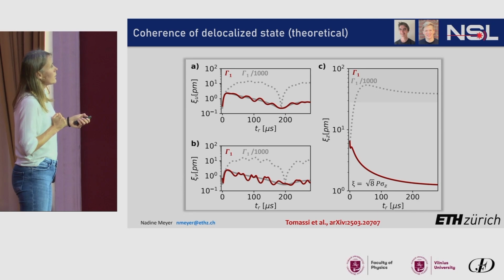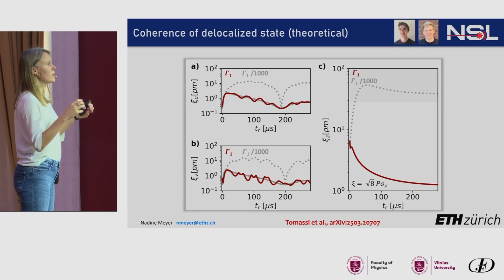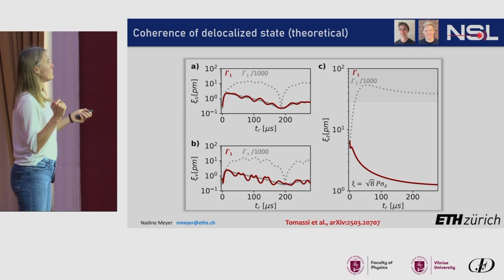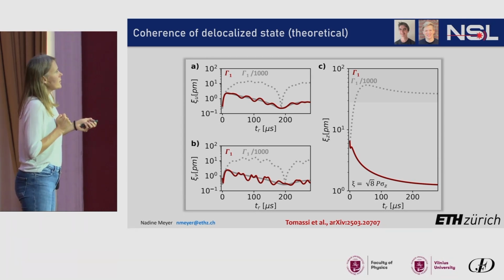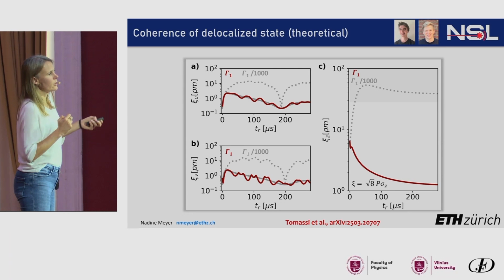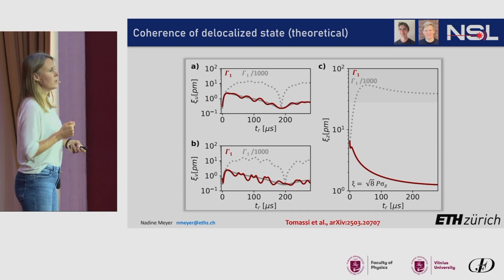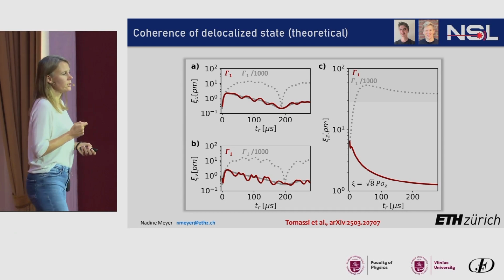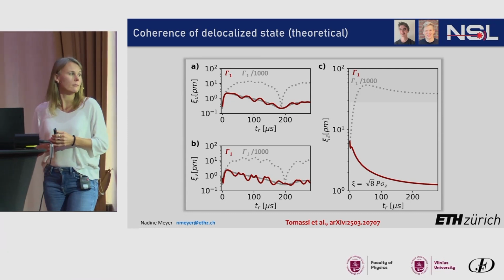At this point, the delocalization is compensating the decoherence. If you can play this game even further, at some point this will just increase with time. But it's a measure of how much you can actually decrease this decoherence rate. Thank you. Other questions?